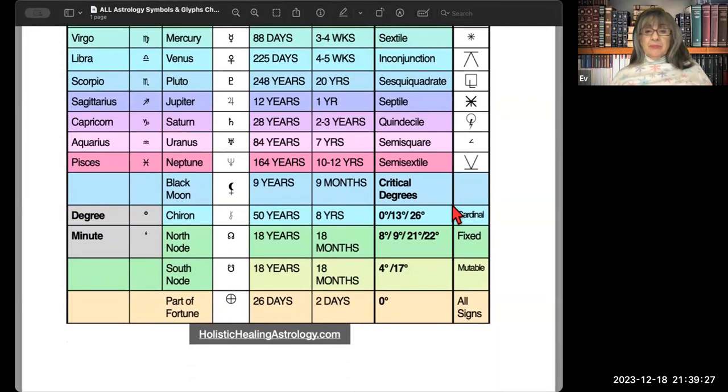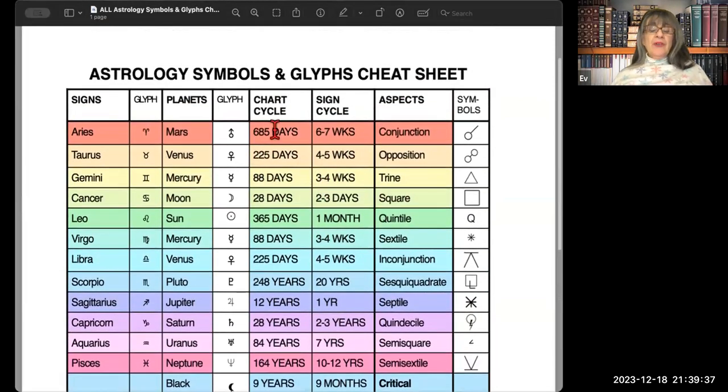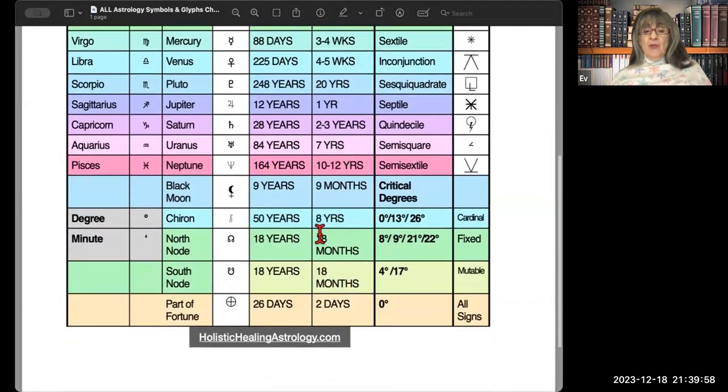And we also have critical degrees, which is important once you get into it deep. And we also have the chart cycle and the sign cycle: how many days or years the particular planet takes to move. Very important information, all in one sheet.